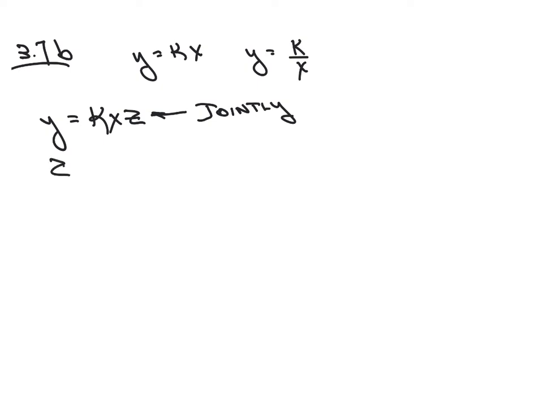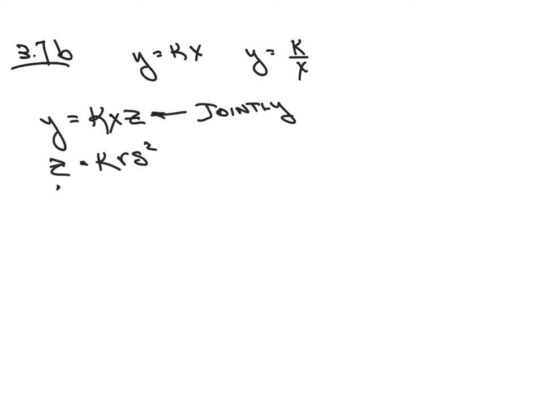The second example is z equals krs squared. The way that's read is z varies jointly with r and the square of s, or with s squared.